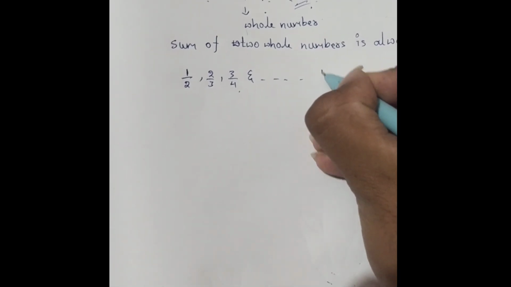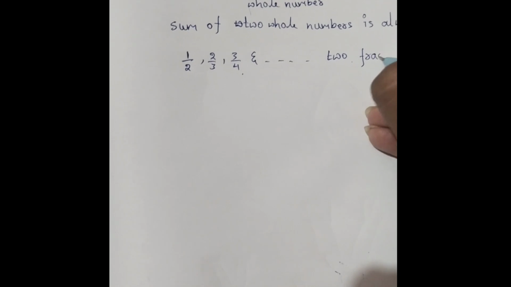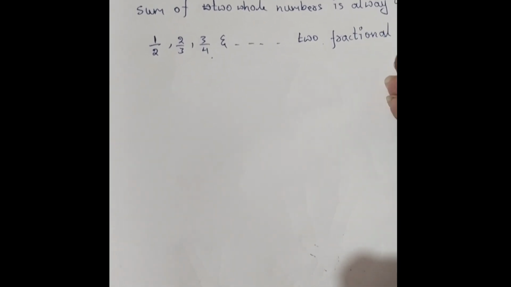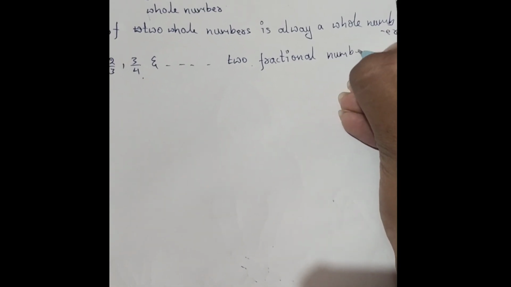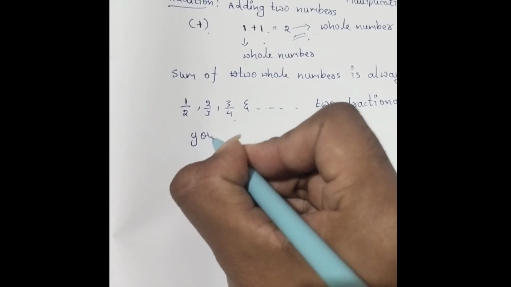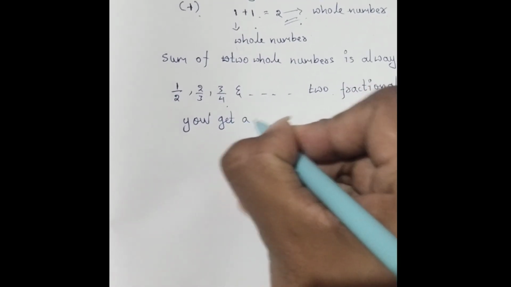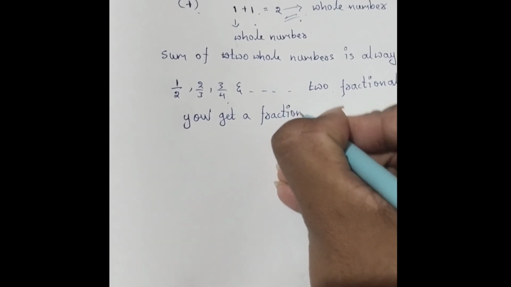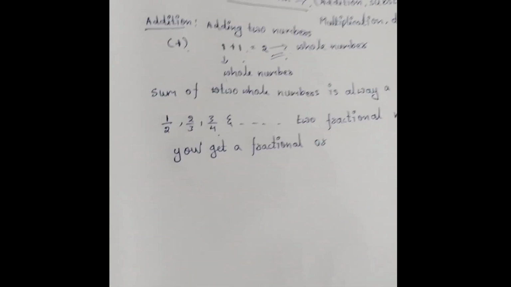When you are adding two fractional numbers, you get a fractional or a whole number.